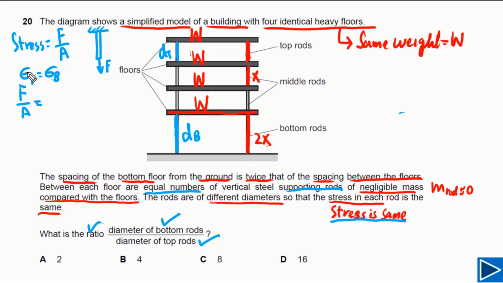For the top rods, stress is equal to F over A, and for the bottom rods, stress is also equal to F over A.